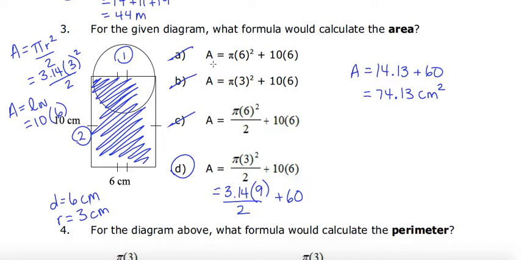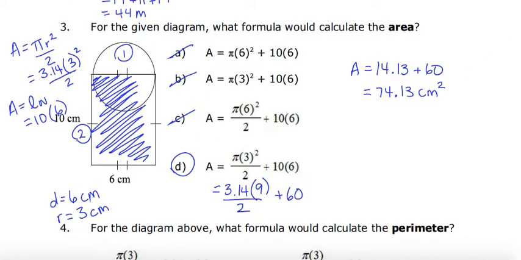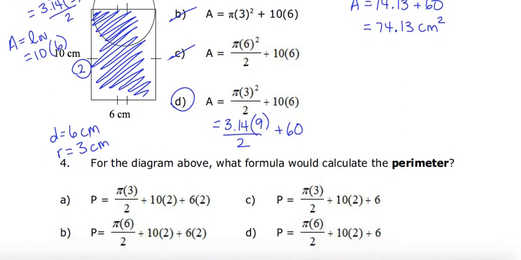We're going to use the same shape to look at what the formula would be for perimeter. I want to think about when I'm looking at the perimeter, especially of a composite shape, that I'm only using the dimensions around the outside of the shape. That's really important.